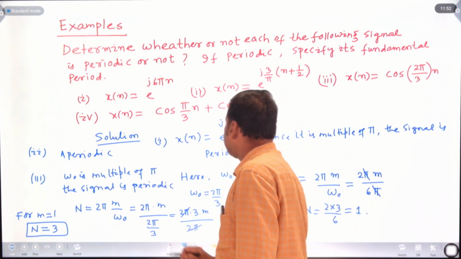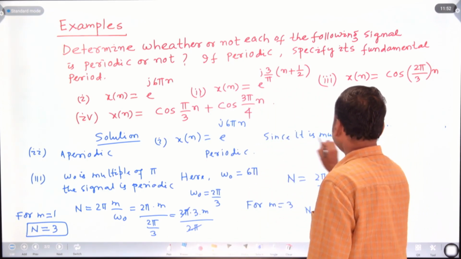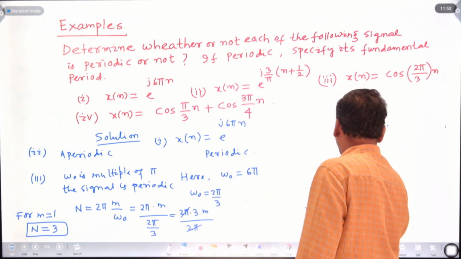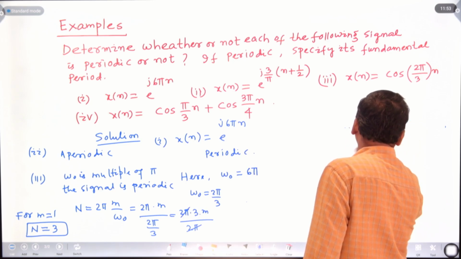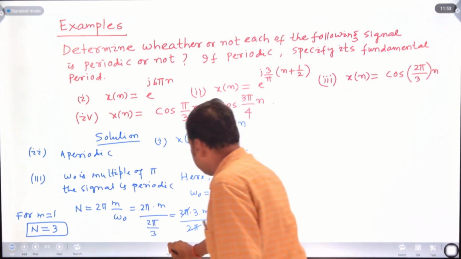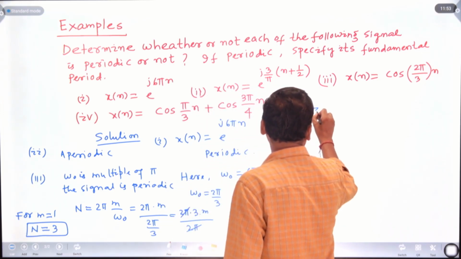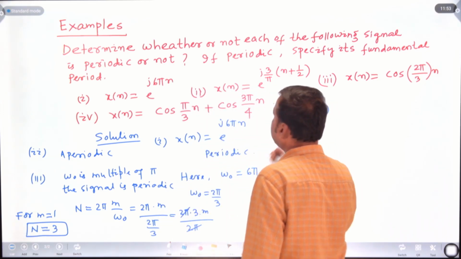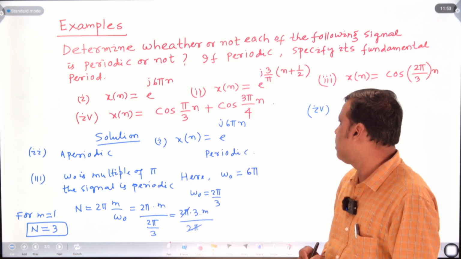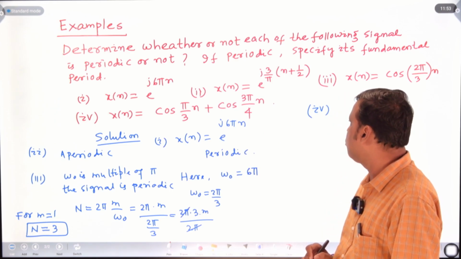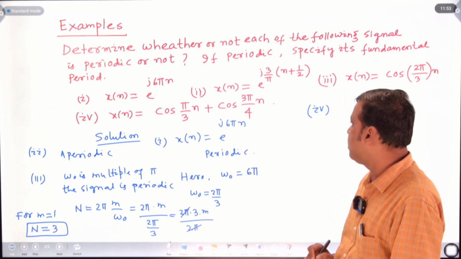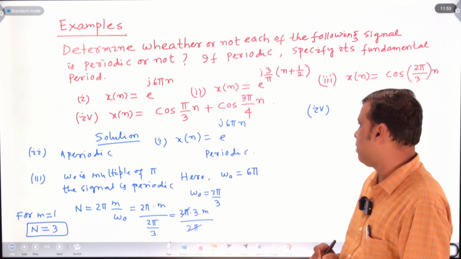Then comes the next example. Number 4 is, it is a most important example. X of n equal to two sinusoidal signals, cos (pi by 3) n plus cos (3 pi by 4) n.